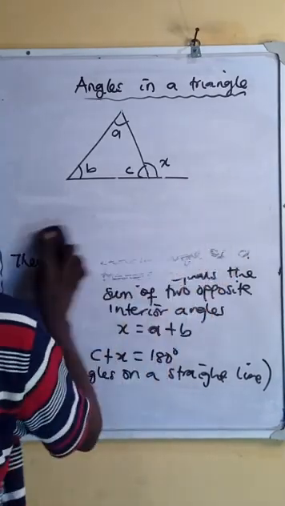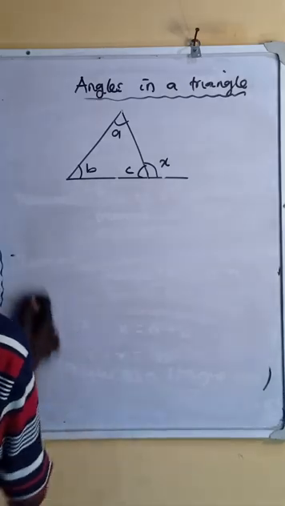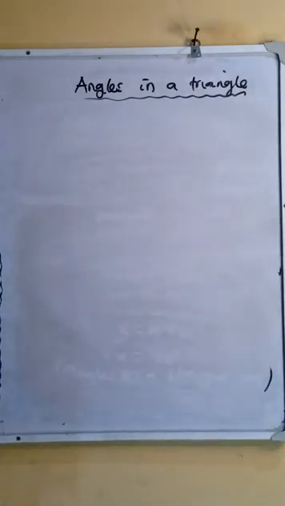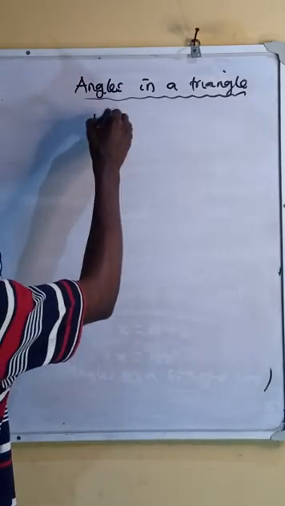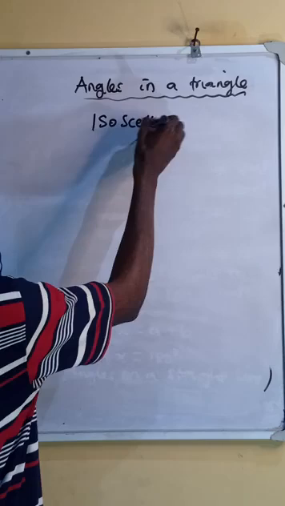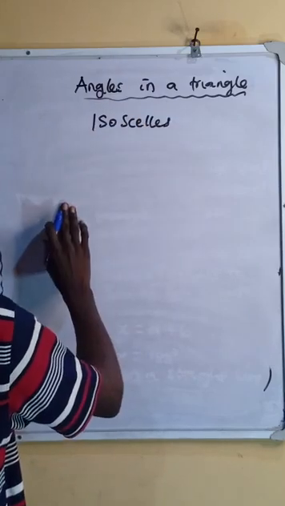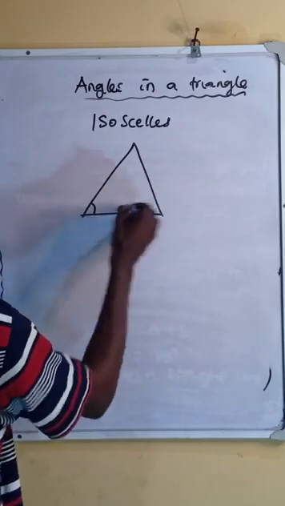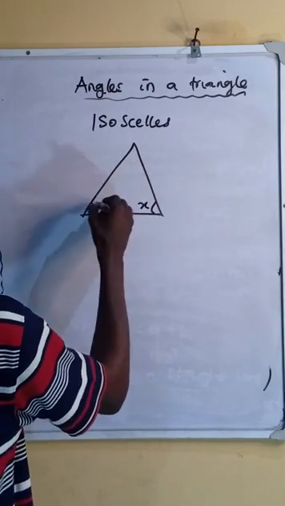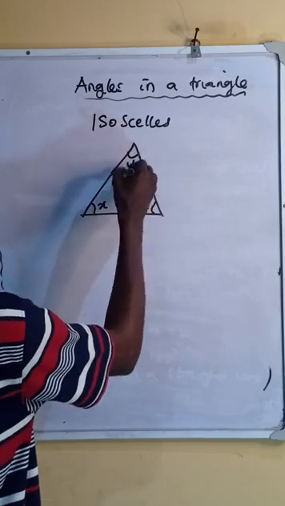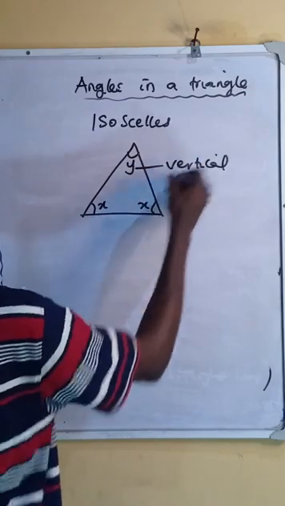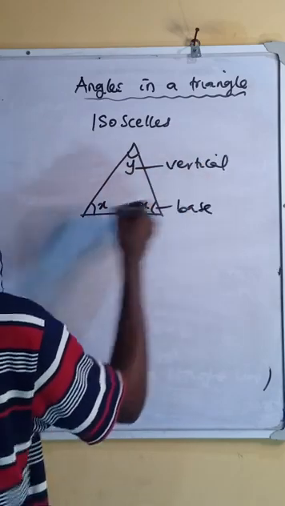So, if I am dealing with an isosceles triangle, I will have this. This is the vertical angle, and these are the base angles.